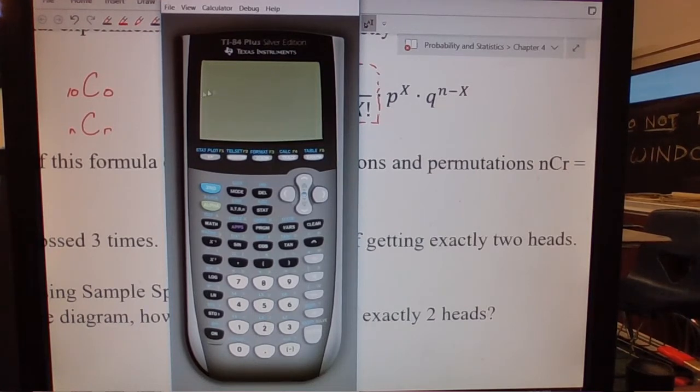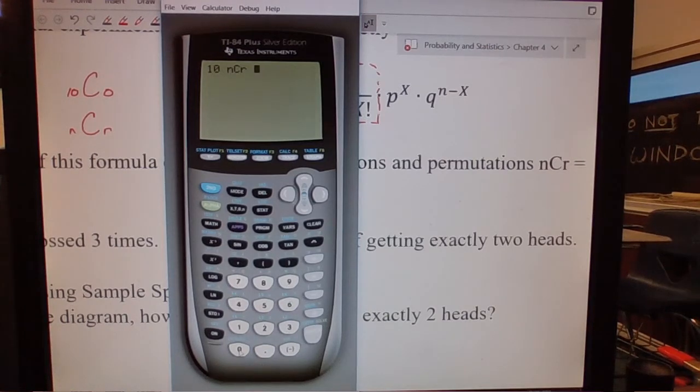If I wanted to do 10 combination 0, I'm going to type in 10 first. Now everybody needs to go to MATH. When I hit the math key, it gives me these four options across the top. I want to go over to PRB, which is probability, and you see the third one says nCr. That's the one we want.